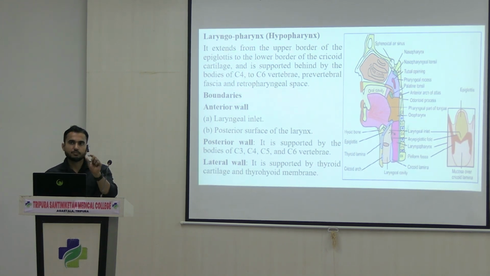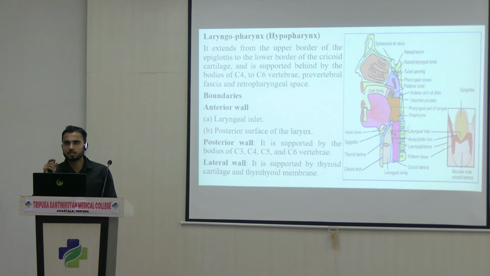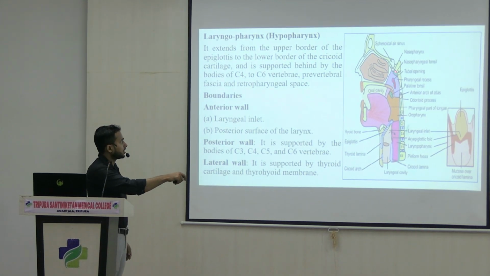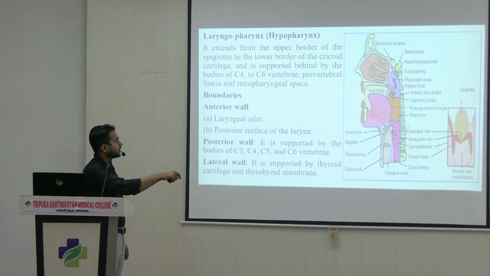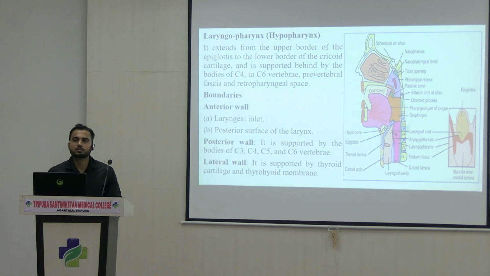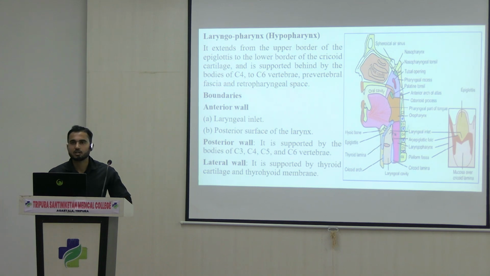A brief revision of what we did that day: in the nasopharynx, at the junction of the superior wall and the posterior wall, a collection of lymphoid tissue is there. That is called the pharyngeal tonsil or nasopharyngeal tonsil. That we discussed that day.